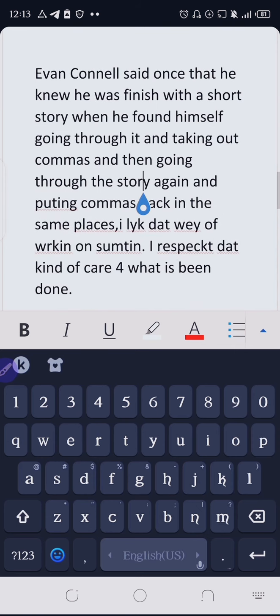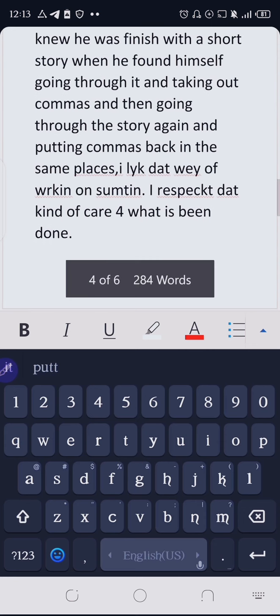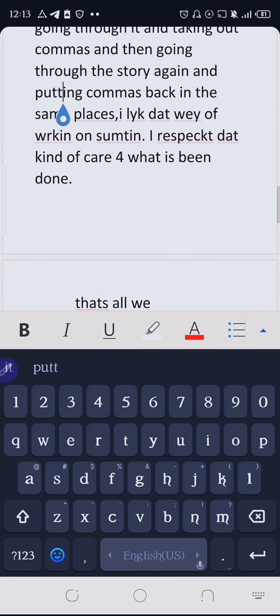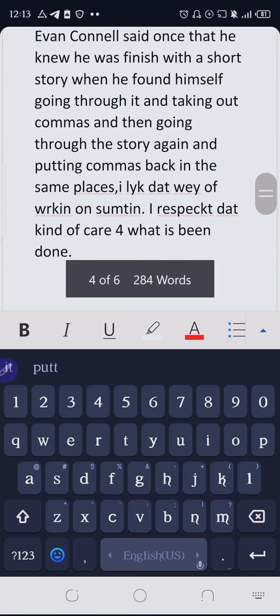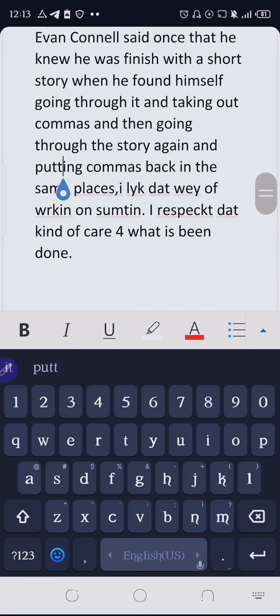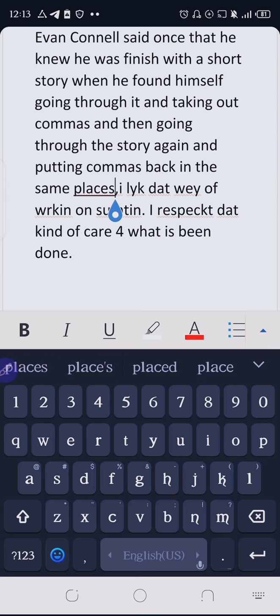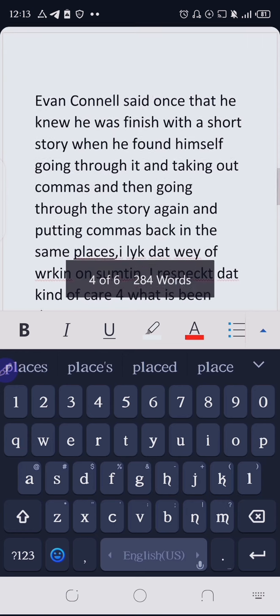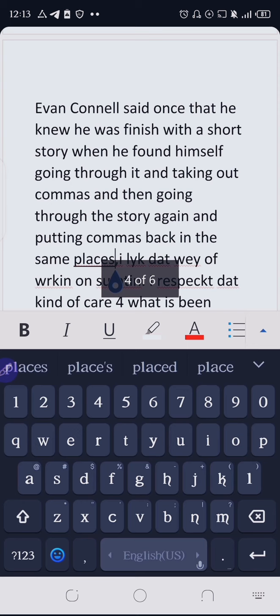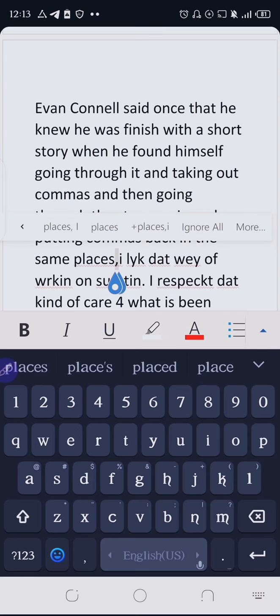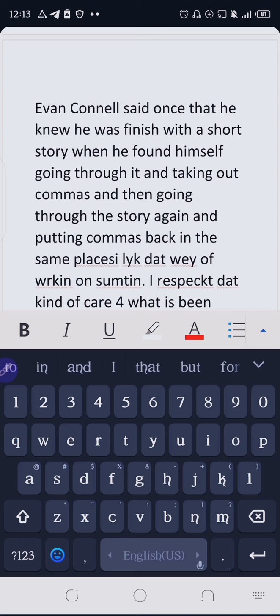Again, I'm putting, spelling error, putting commas back in the same places here, because as it's working along, it's definitely going to be taking commas out of not just one place but several places. So places is justified, and if we have place here, then you've got to review it, because logically you cannot take commas out of just one place. So places, that's cool.